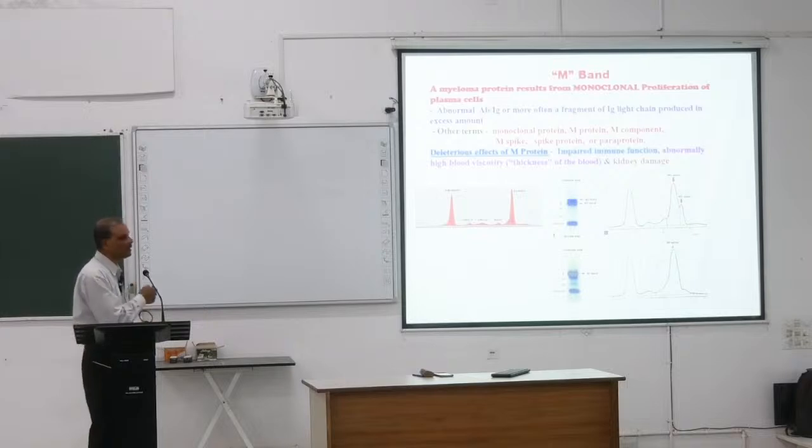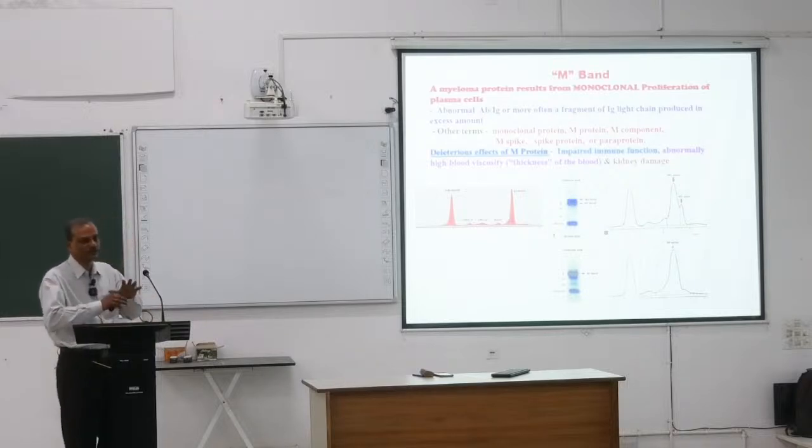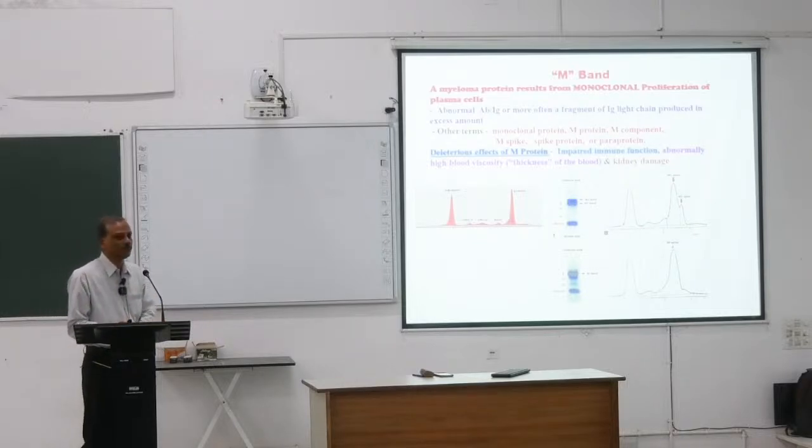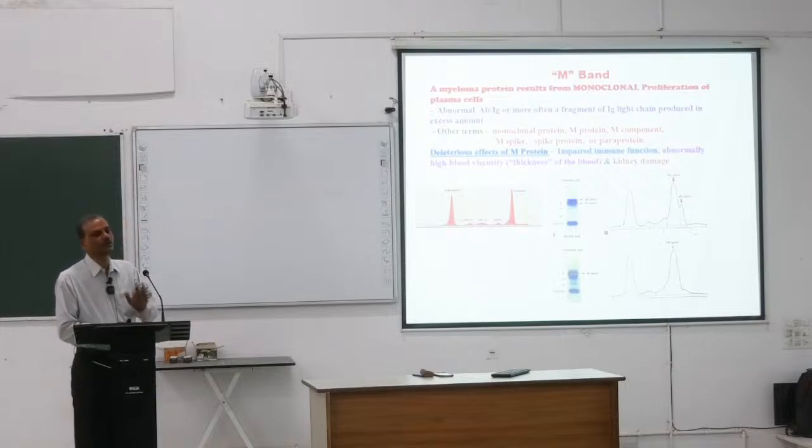So why is M protein deleterious? Because it is present in excess amount, there will be an impaired immune response. This is not a normal immunoglobulin, so it will not allow the other immunoglobulins to function. Because of its high concentration in the plasma, immunity will be severely compromised, and the blood will be highly viscous.